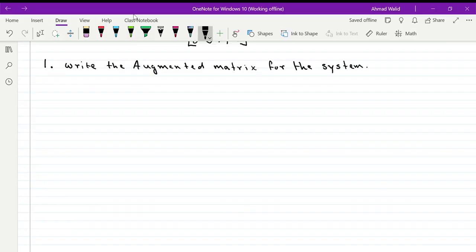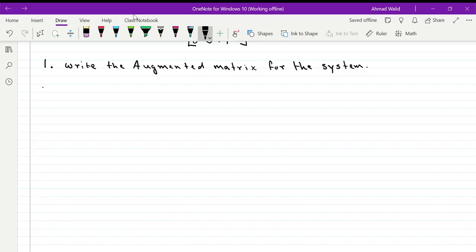Of course, they give you a system of linear equations, right? 3 equations. Your first thing is to write the augmented matrix. We already learned how to write an augmented matrix in part 1 of this video.